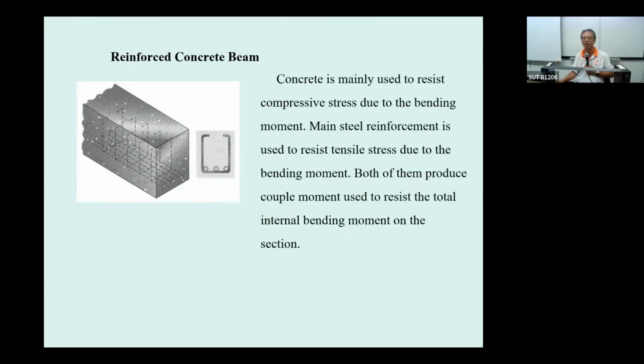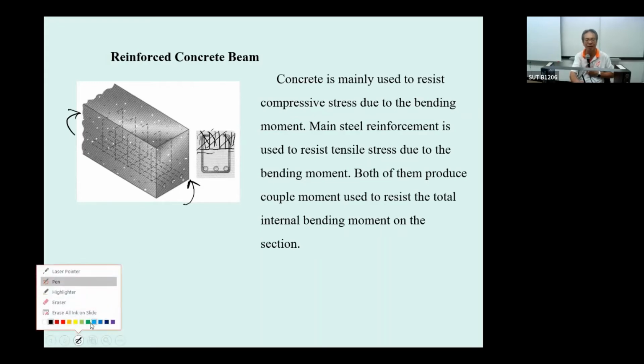For the reinforced concrete, like I said, the main reinforcement will resist the tension. For the positive moment, the concrete on the top is going to take care of most of the compression, and then the steel here will take care of what?